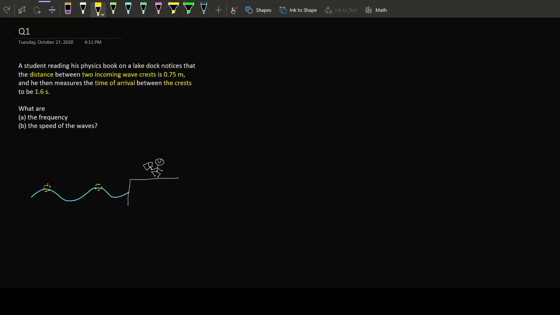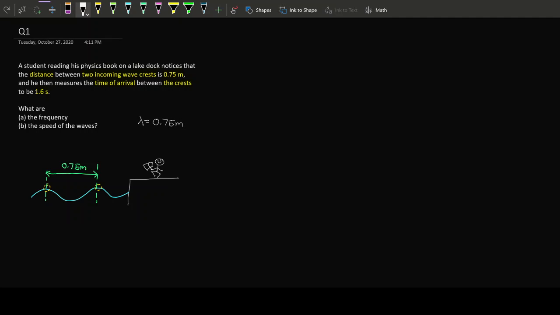In layman terms, we call it the peak of the wave. So the distance between the two peaks of the wave, which is the distance between these two points here, is 0.75 meter. Knowing that, we can say that this is just the wavelength, which is equal to 0.75 meter.